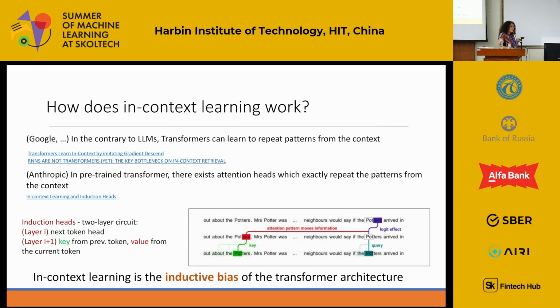So, some analysis demonstrated that indeed transformer models can do in-context learning, can handle patterns inside the context due to their architectural properties. Here I put a reference to a very interesting thread of research, the so-called transformer circuits thread.